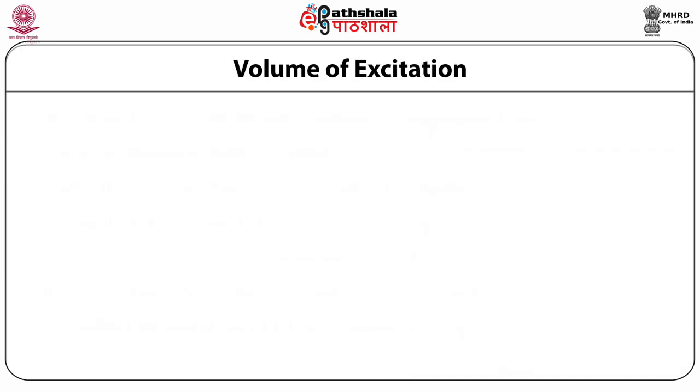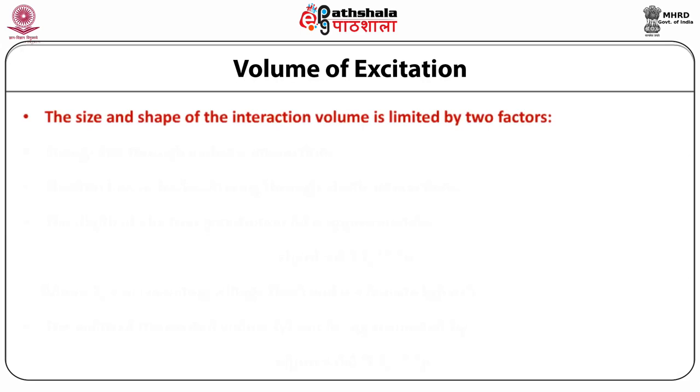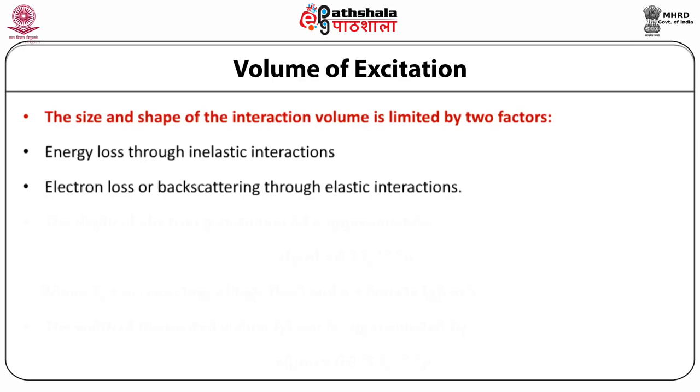The volume of excitation, the size and shape of the interaction volume, is limited by two factors. First is the energy loss through inelastic interactions. Second, the electron loss or backscattering through elastic interactions.